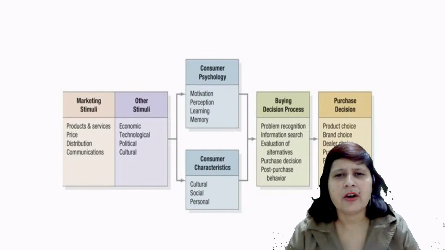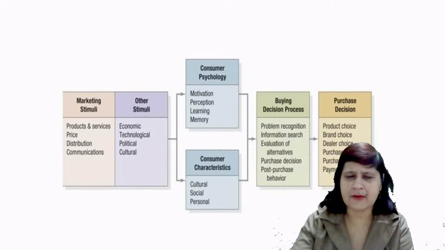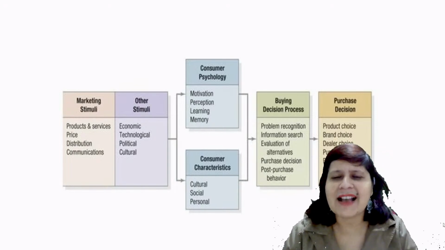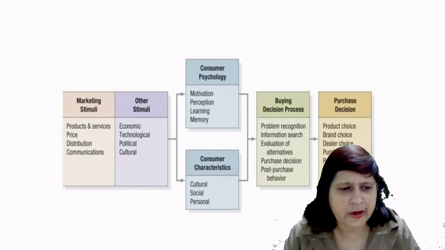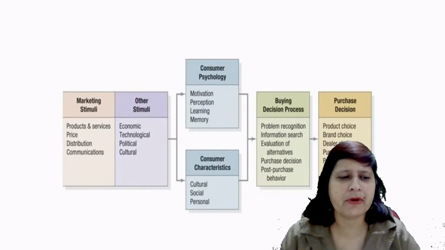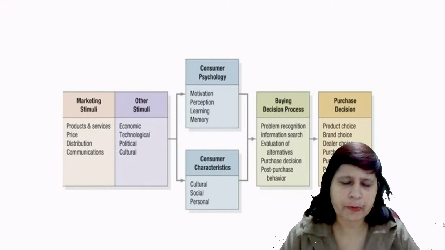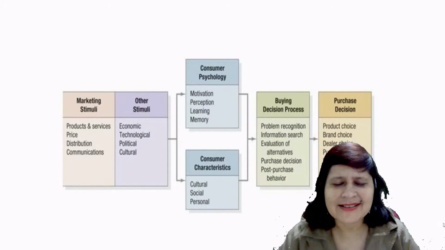This is a model of consumer behavior, how you can study how the consumer behaves, right? How a consumer decides to purchase a product, how a consumer reaches a decision whether he should purchase that product or not. You have developed the product. Now there are some marketing stimuli.